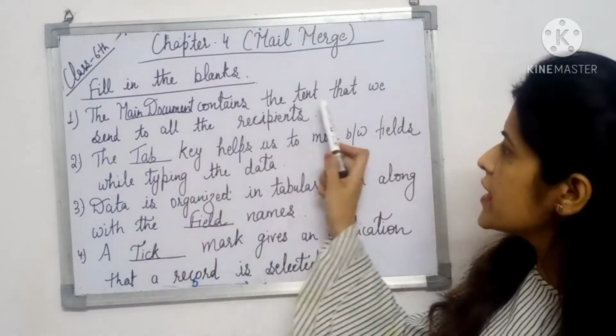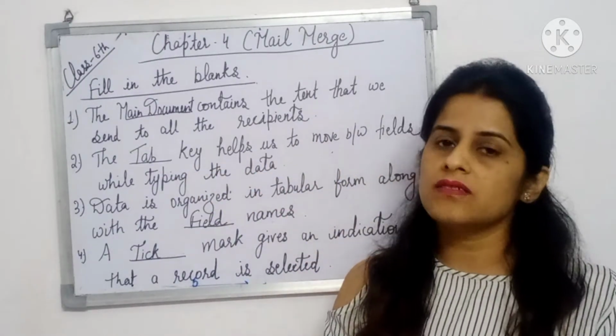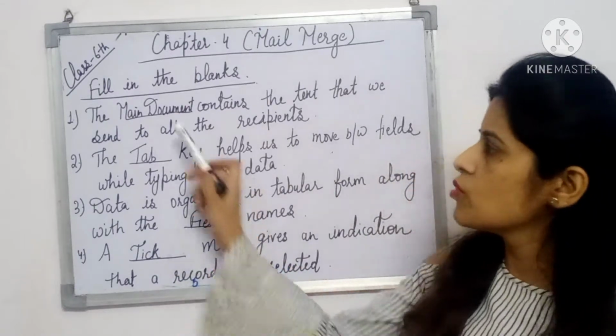And the dash contains the text that we send to all the recipients, in which the text that will be sent to the various persons is written, that is known as the main document.